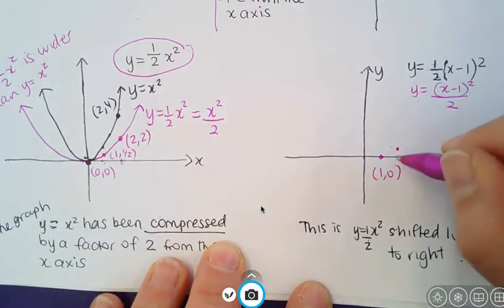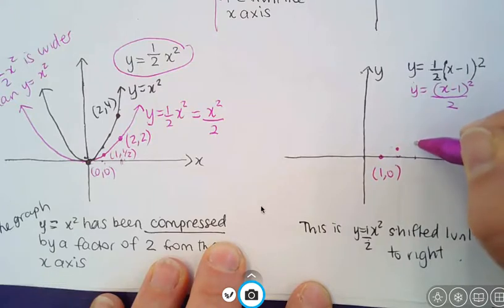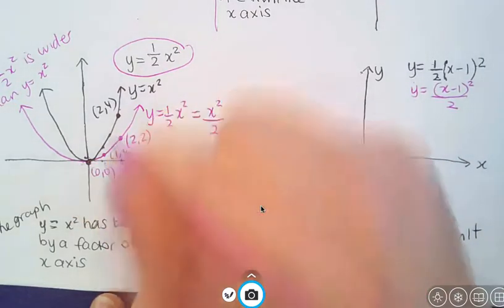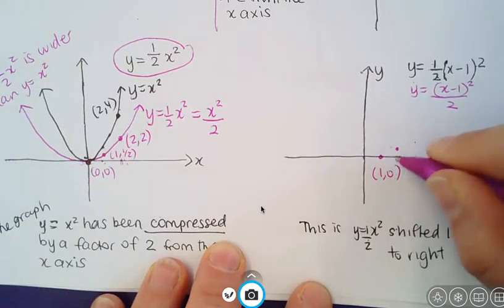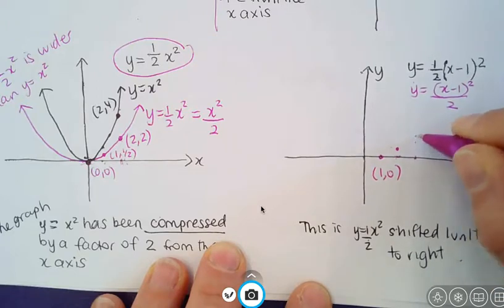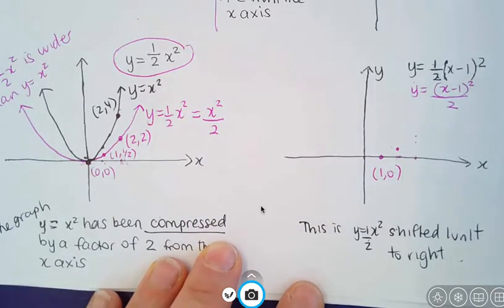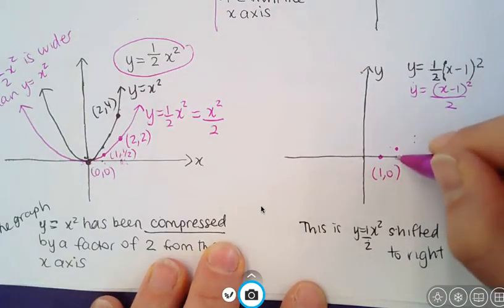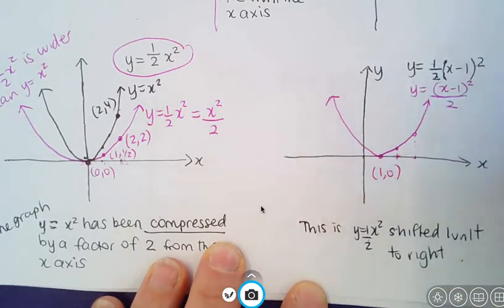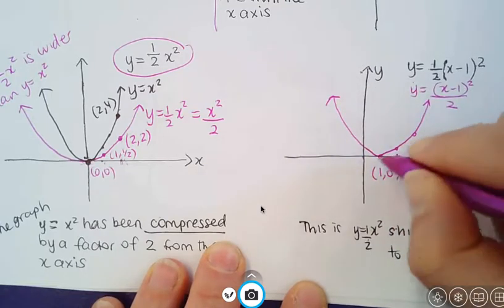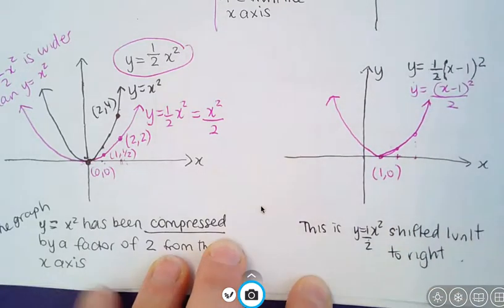So instead of 2, 2, what are you going to have? 3, 2. Look, it's going to look like that. All right, it's wider and it's moved 1 unit to the right.